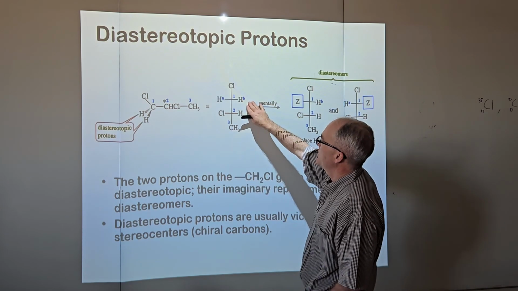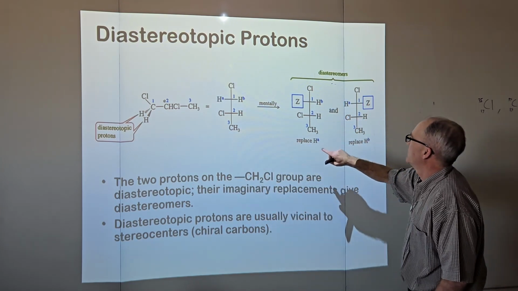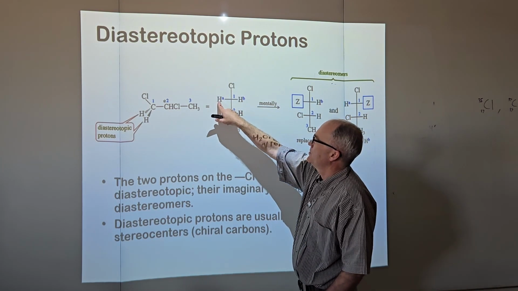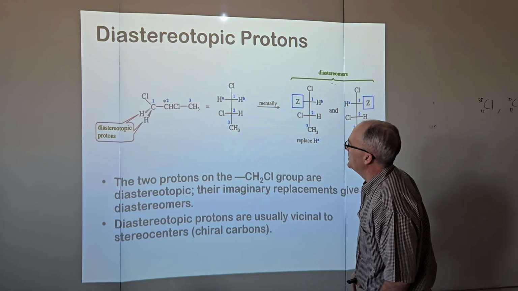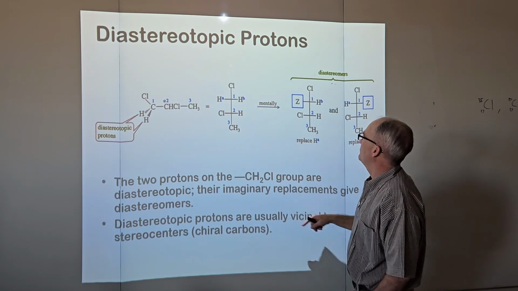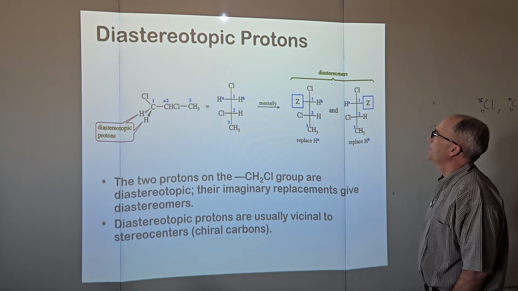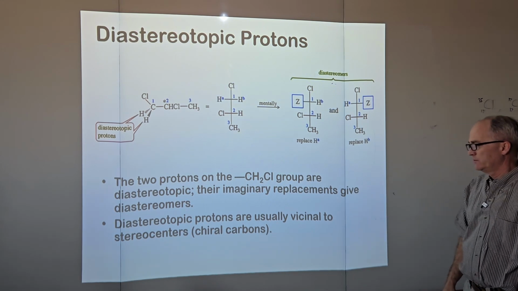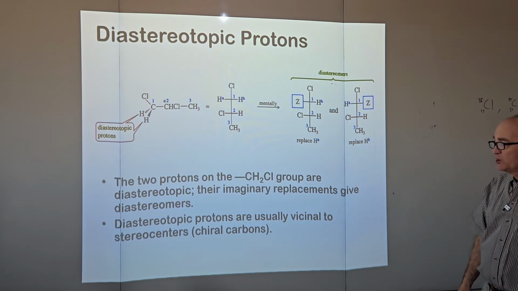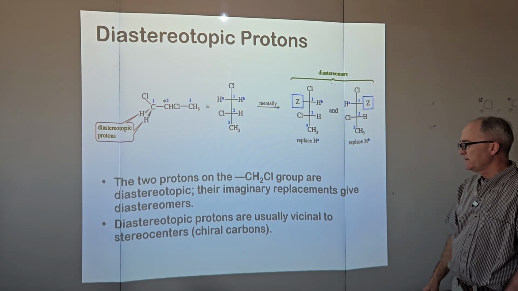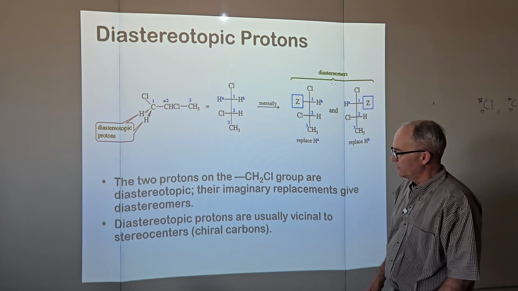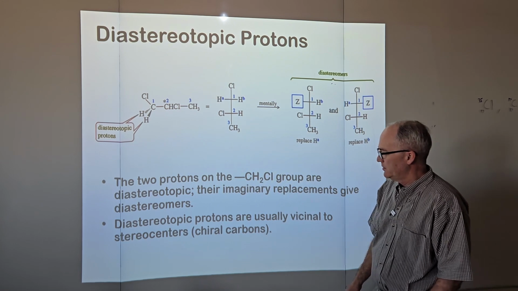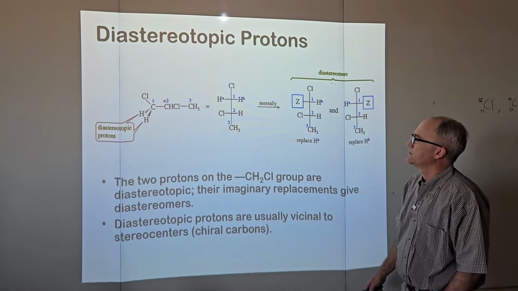So here they put this thing into a Fischer projection, and they say, let's substitute Z there. Let's substitute Z there, and what do we get? We get a pair of diastereomers. Diastereotopic protons are usually vicinal, a fancy word for the next carbon away, 1 carbon away, to chiral carbons.